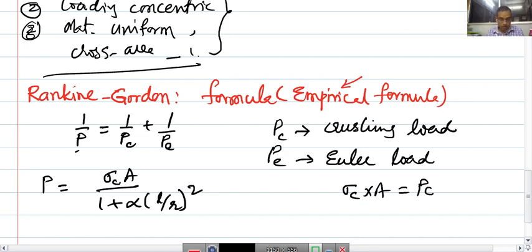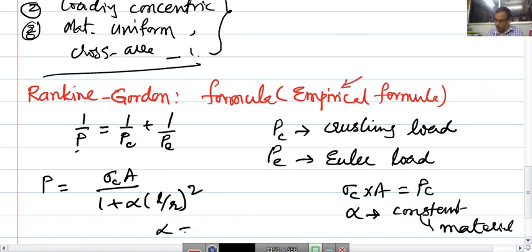Okay. So, this alpha is a constant, depending upon your material. That we can work out. That alpha is nothing but sigma C by pi square E. For a given material, sigma C is constant, pi square E is constant, so that is alpha.